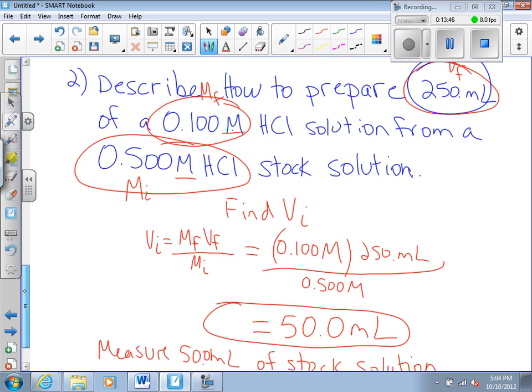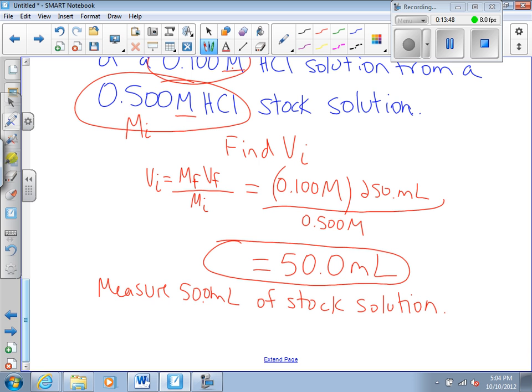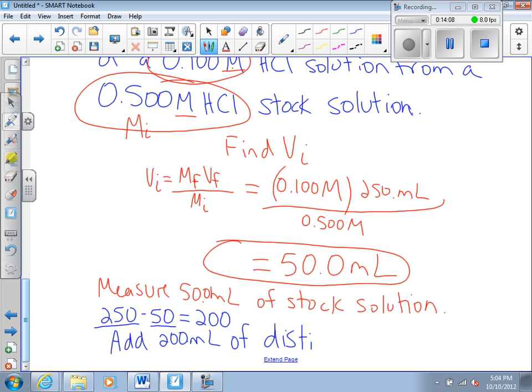I started with my 50, I have to get to 250. I hopefully realized I need to add 200 milliliters. Because I need to get to 250, I started with my 50. So I need to add 200 milliliters, and we add distilled water to the solution. And that's the complete answer to that problem.